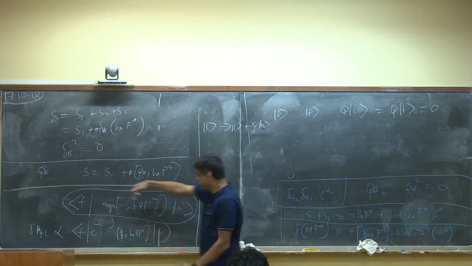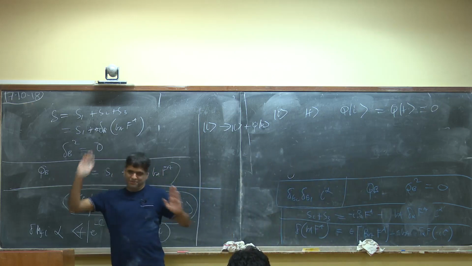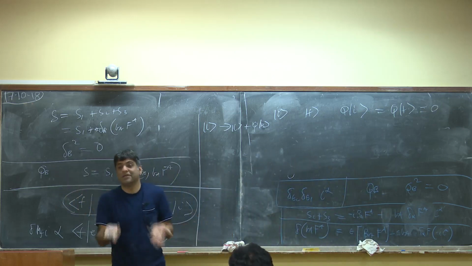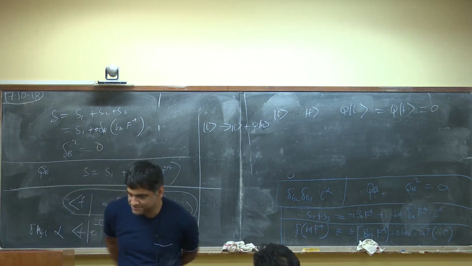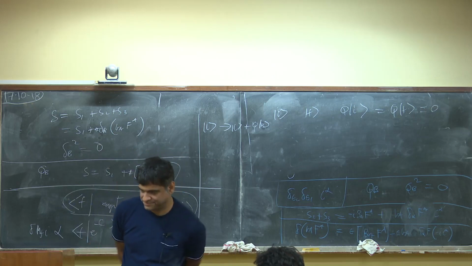This path integral is some Hamiltonian evolution from this to this. The Hamiltonian commutes with Q because Q is a conserved operator. It's a symmetry.